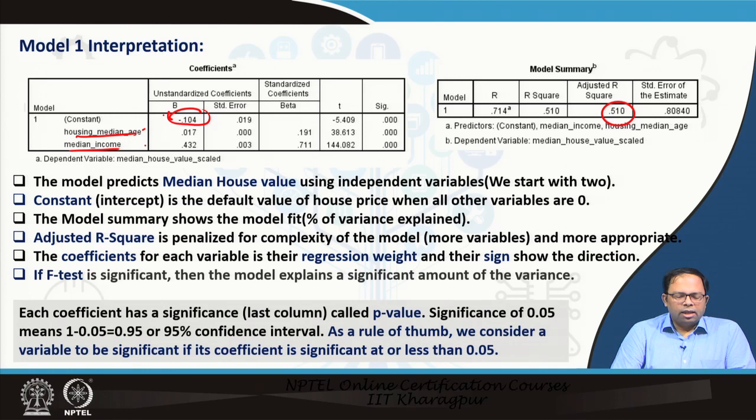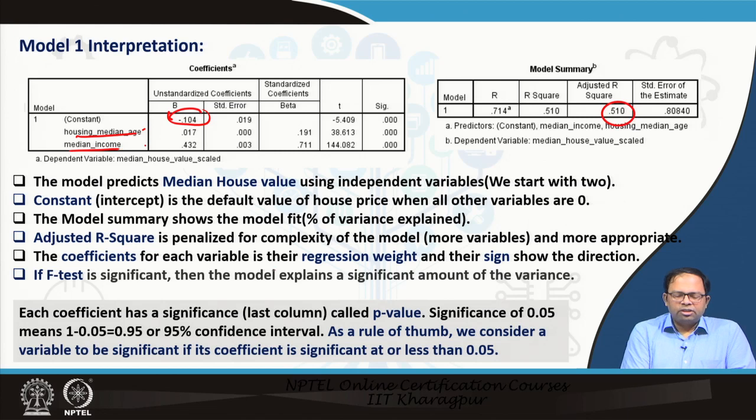housing price. The model summary shows the model fit, what percentage of variance is explained, and then adjusted R square. Adjusted R square gives us R square, but it is penalized by the number of variables. The more complex a model is, the more it would be penalized, and that is how adjusted R square is better than R square.